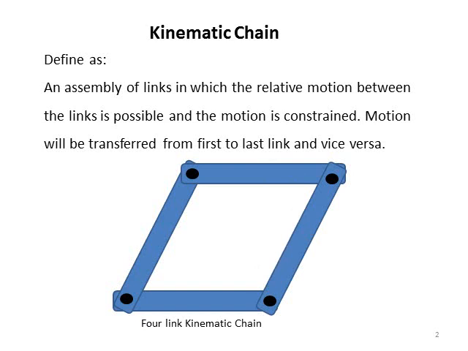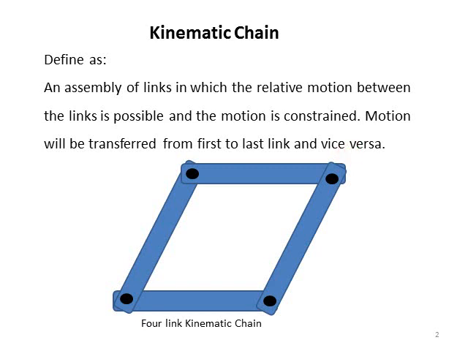So a kinematic chain is an assembly of links in which relative motion between the links is possible and the motion is constrained. Also, there is a condition that motion will be transferred from the first to the last link, or vice versa. Vice versa means the motion can also be transferred from the last link to the first link.